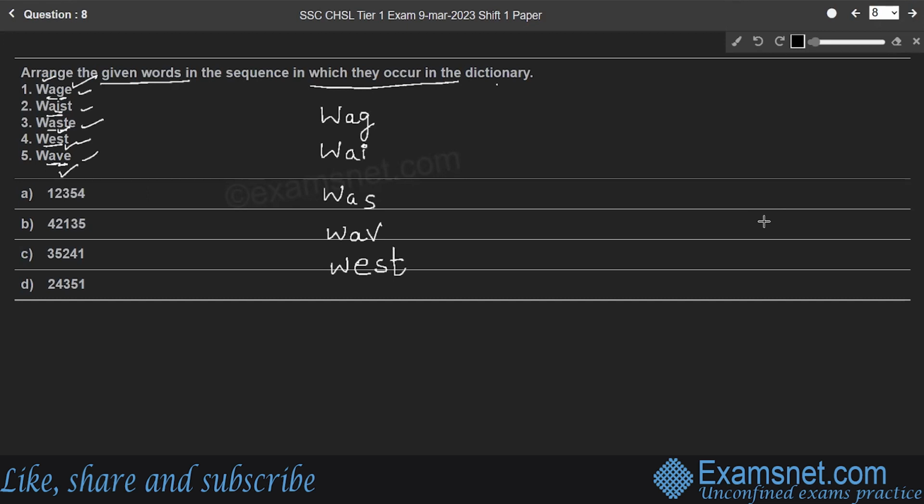So we have to consider wage as the first word, and WAIST, and thirdly it is waste, WASTE, right? So WAVE. Therefore, the order is, wage is first word, waist second one, and waste third one, wave is fifth word, west is fourth word. Therefore, the order should be 1, 2, 3, 5, 4. Option A is the right answer.